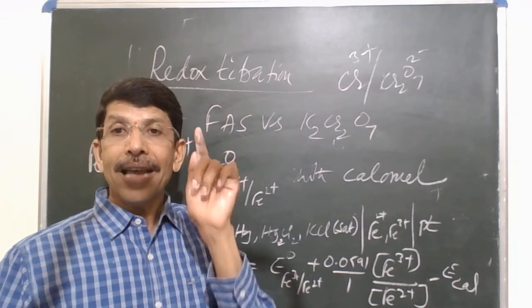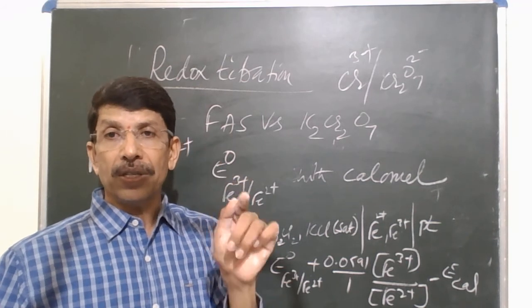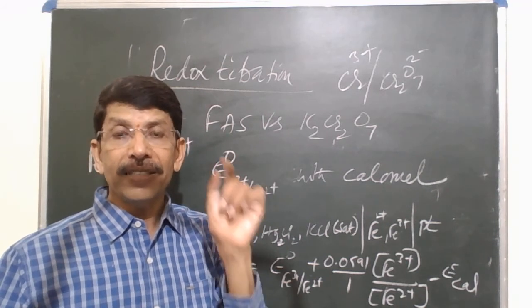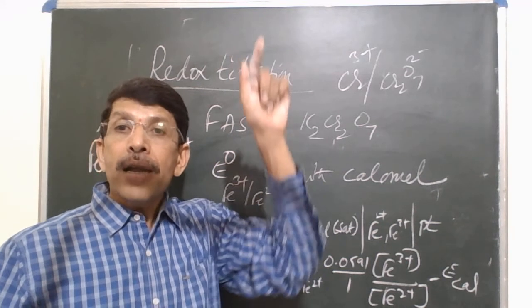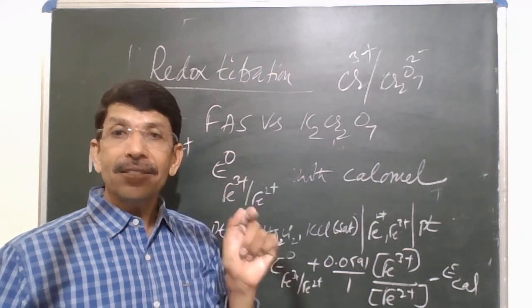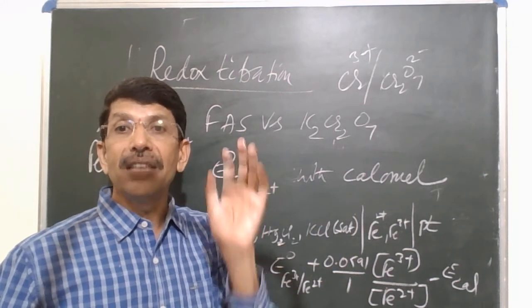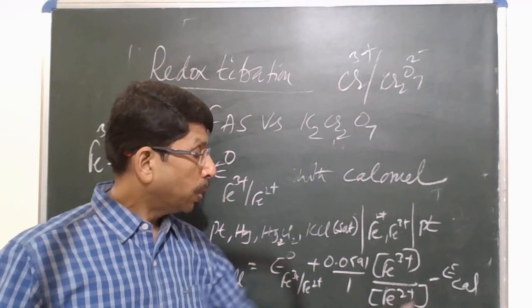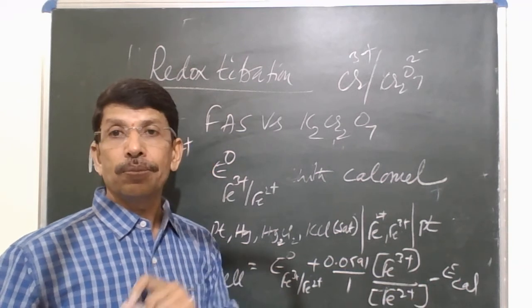So as long as Fe2+ ions are present, or as long as FAS is present in the solution, addition of dichromate results in a gradual increase in the EMF due to the increase in this ratio.